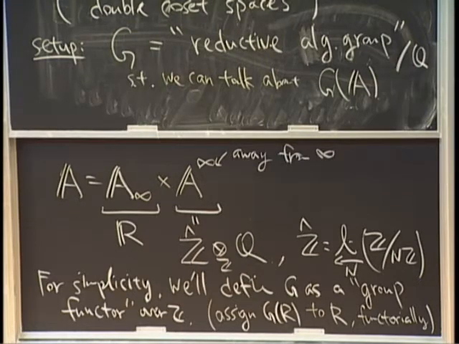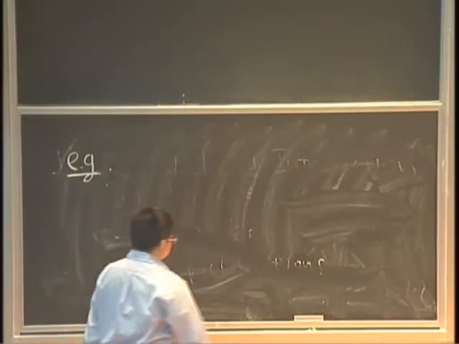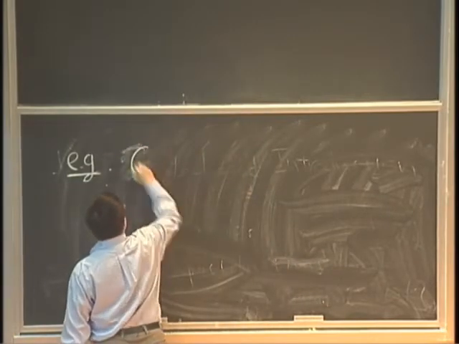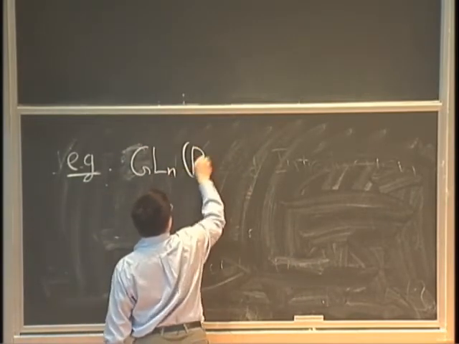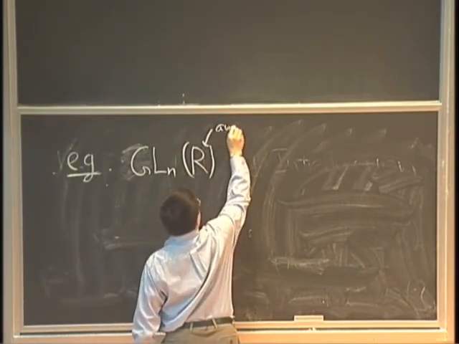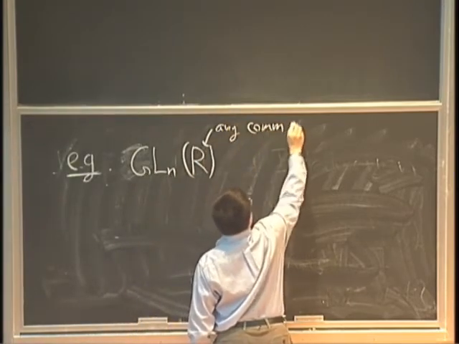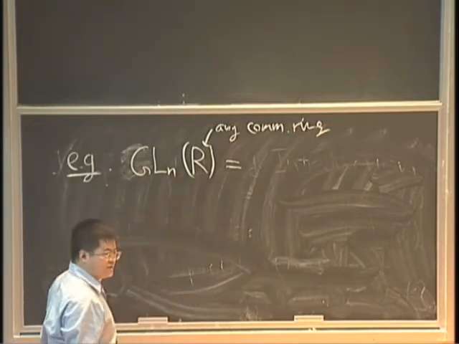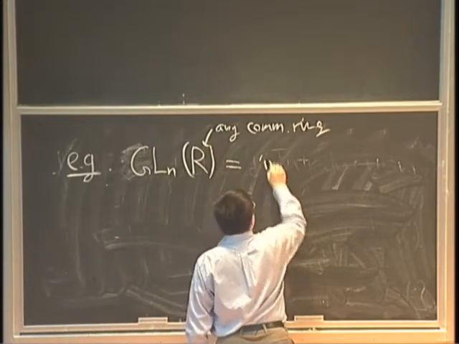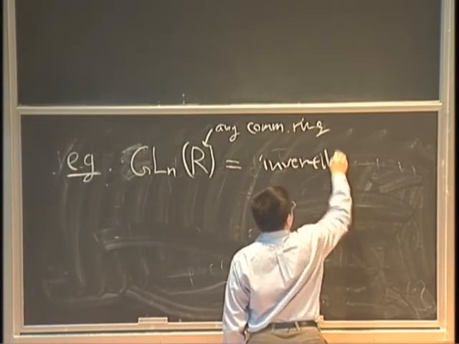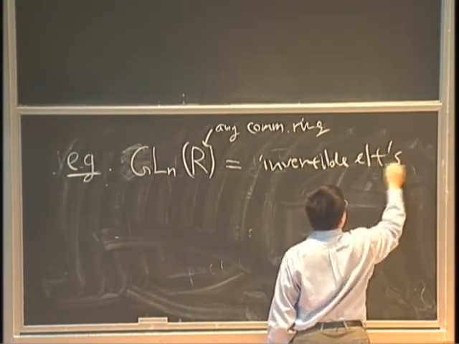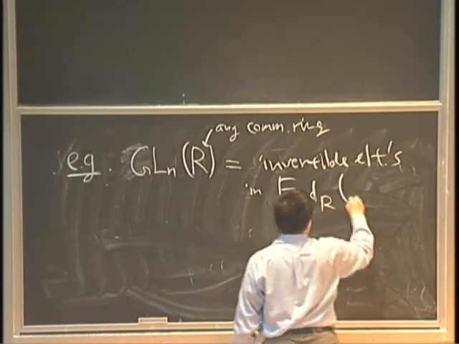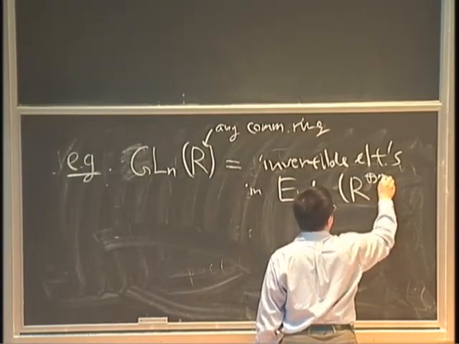Okay, I think we just talked about SL2, so we can certainly start with there. But for example, you can consider GL_n, and this R is just any commutative ring. And these are just the invertible elements of all the endomorphisms of this. Well, this is kind of a strange way to just write n by n matrices.